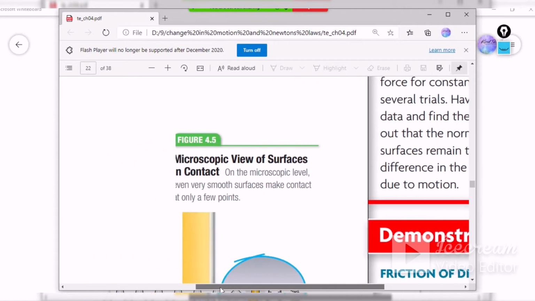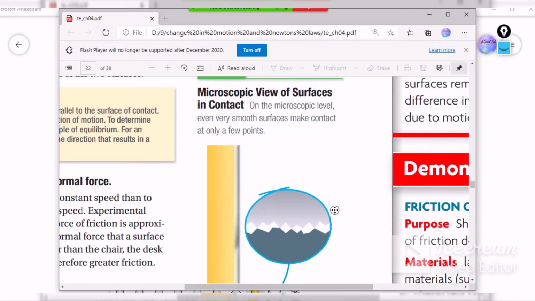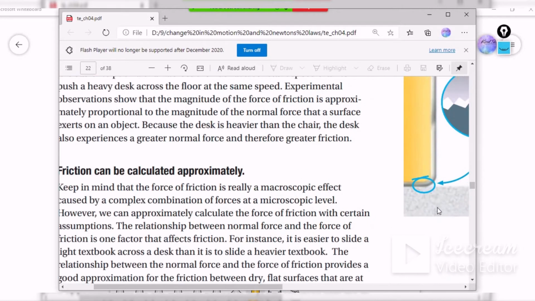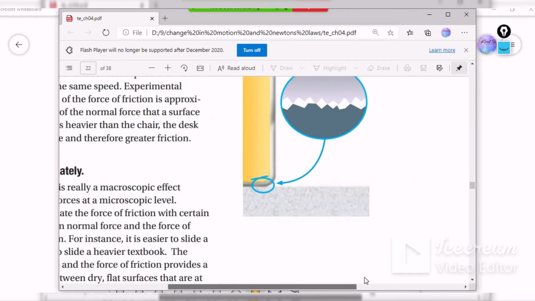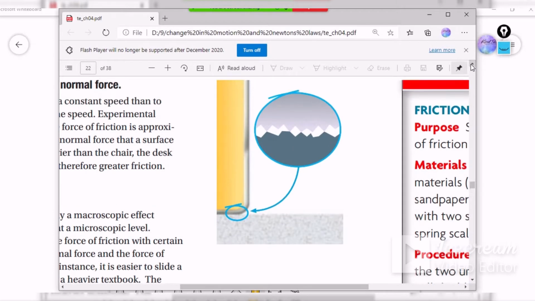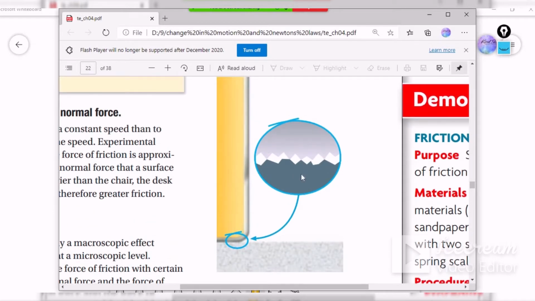This is the microscopic level of a surface. You can see that we have some things sticking out from the surface like that. The upper one is the object, and the lower one is the surface. Some of you think that the surface is smooth, but in fact no, the surface is not smooth.